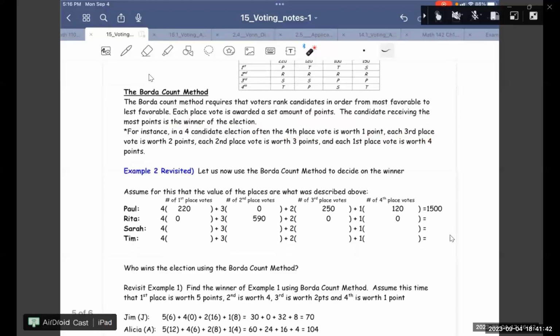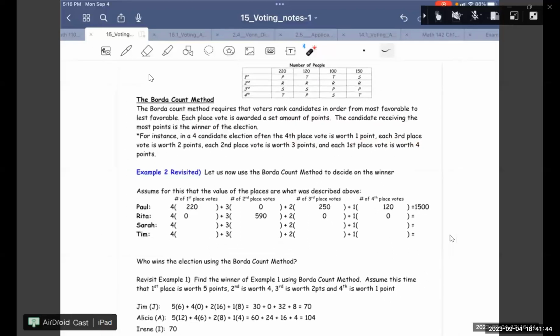So as we can see, this one they put in already. For the first place, Paul is 220. The second place, Paul has 0.